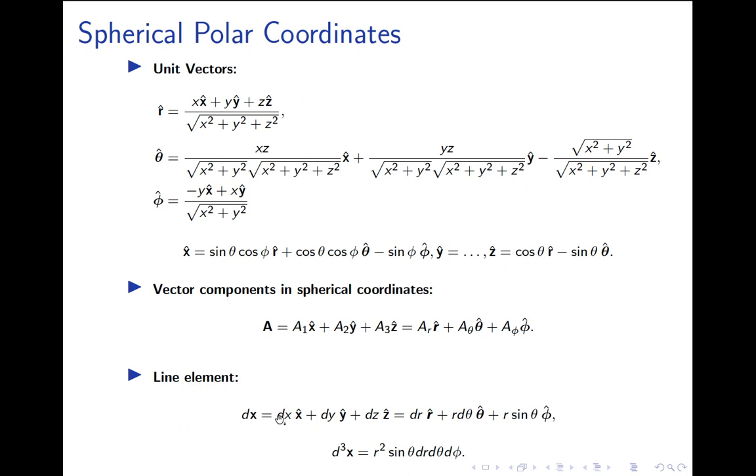All you have to do is to write down d of x in terms of d of r, d theta, and d phi, and x hat in terms of r hat, theta hat, and phi hat, and you'll arrive at the expression for the line element, which is given by this. The volume element will be given by the scalar triple product of these three. It's a cuboid with these three as the edges of the cube.